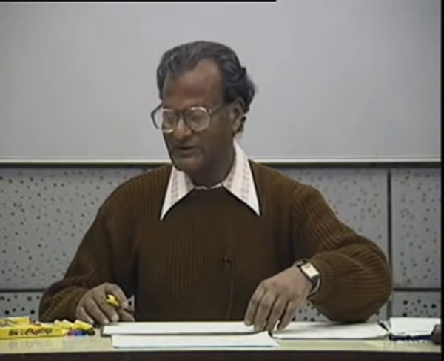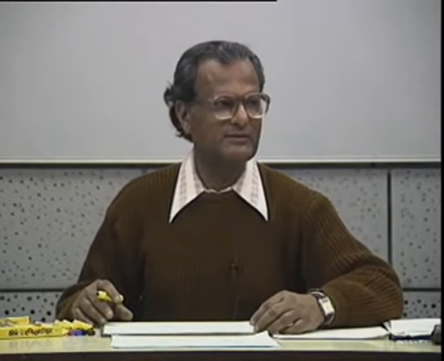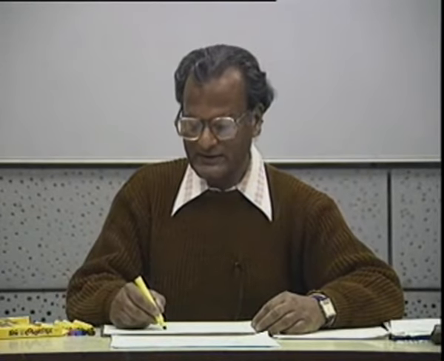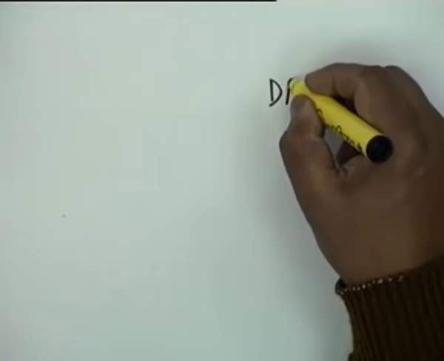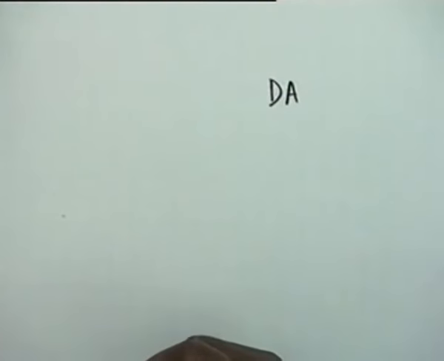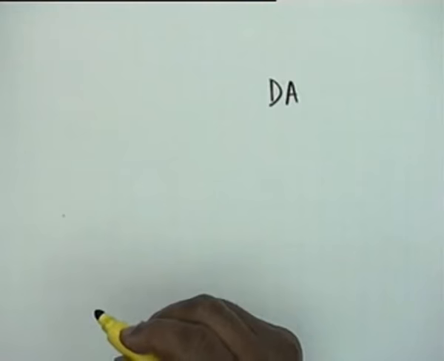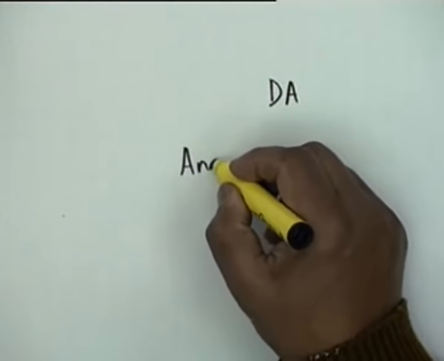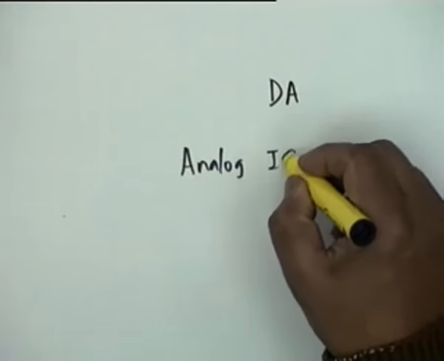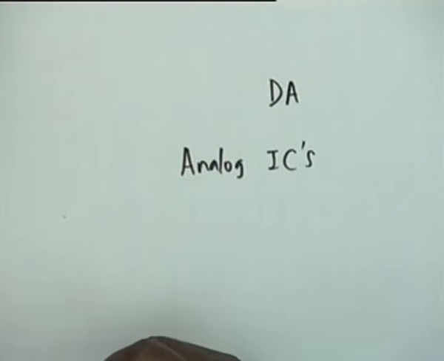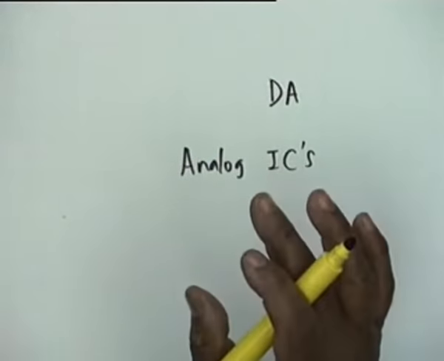But our interest is not simply in measurements. Our interest is in electronic circuits of all kinds, and the differential amplifier forms the input stage of most analog integrated circuits, whether it is a phase detector or an amplifier or whatever it is.